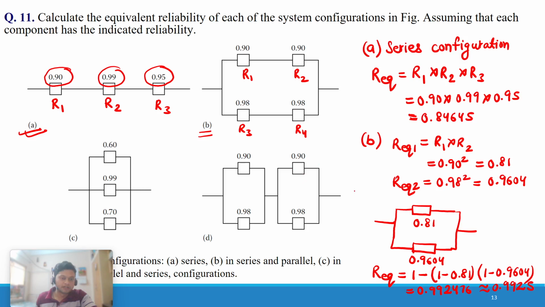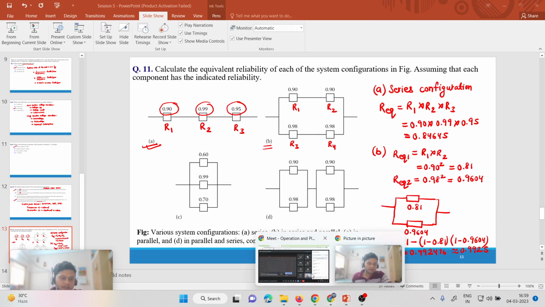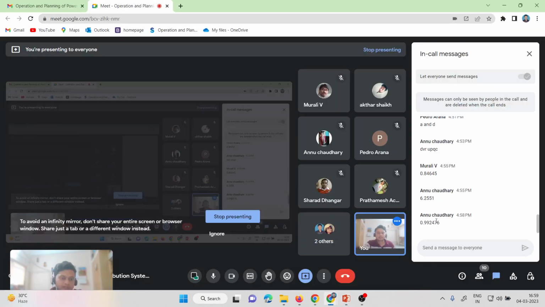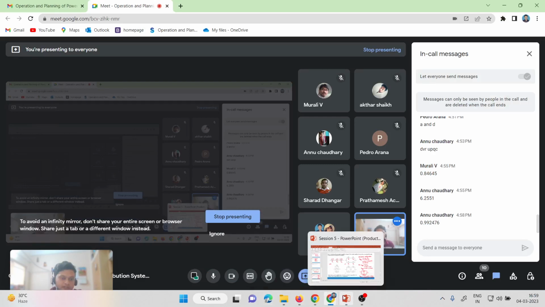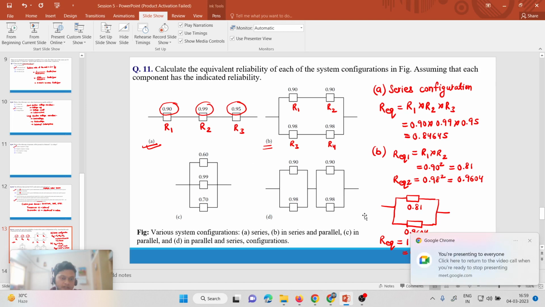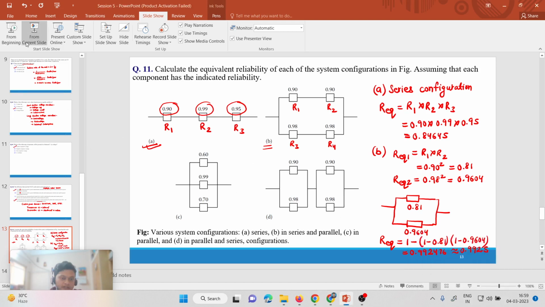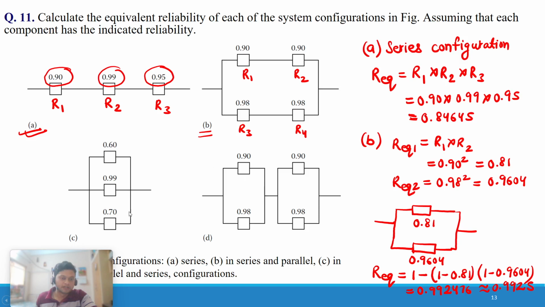How many of you are able to get it? Yes, 0.9925. Only Anu has responded. Similarly, you start solving problem 11C for the parallel combination.